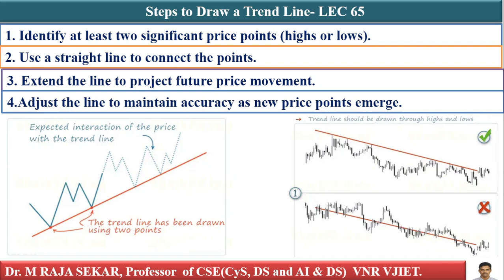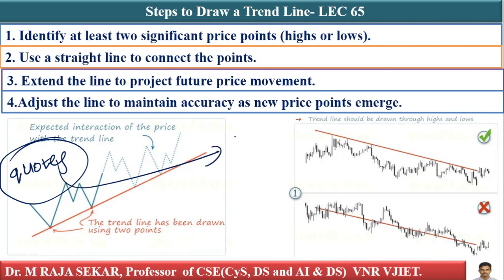Here I can say these highs or lows, these price points, I can call them quotes. There is another name, strictly speaking: quotes. What are these quotes? We will try to understand. A trend line is drawn by connecting two or more significant price points.